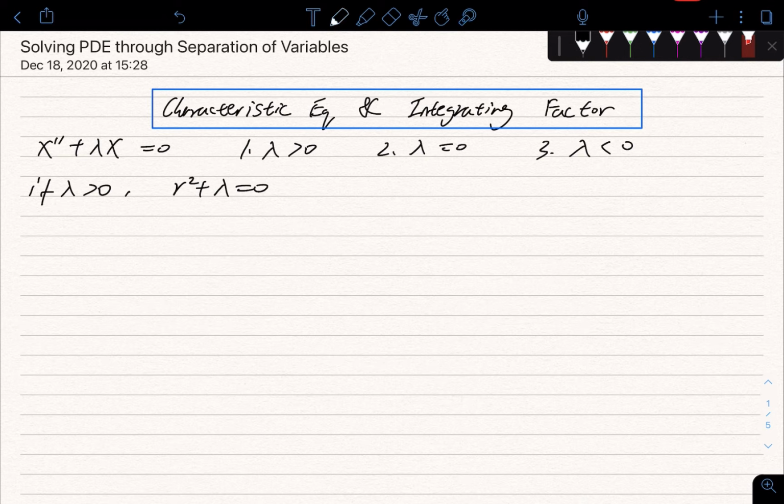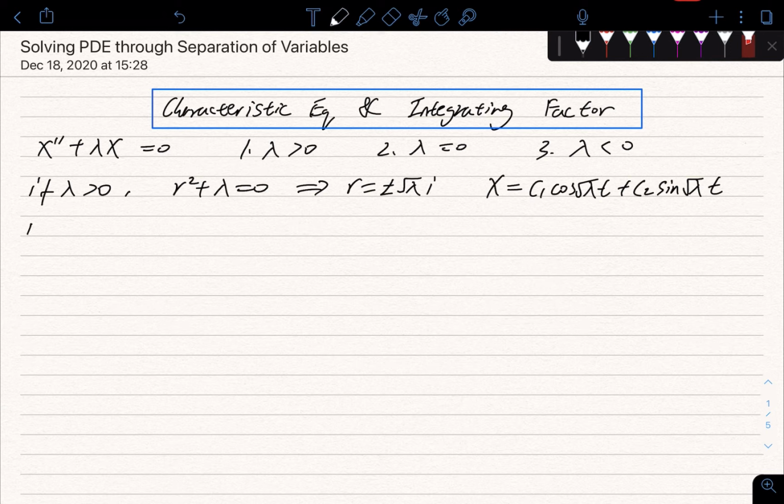So our root becomes r equals positive or negative square root of lambda i, and then our solution becomes x equals c1 cosine of square root of lambda t plus c2 sine of square root of lambda t. Why no i, you ask? That is because our arbitrary constants c1 and c2, especially c2, have already absorbed this imaginary number.